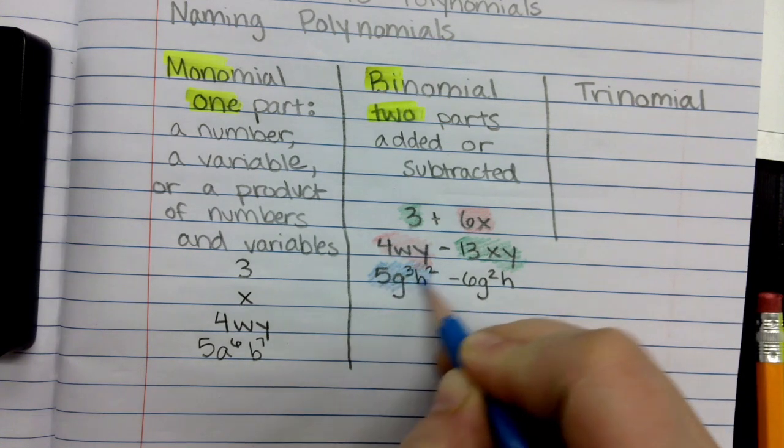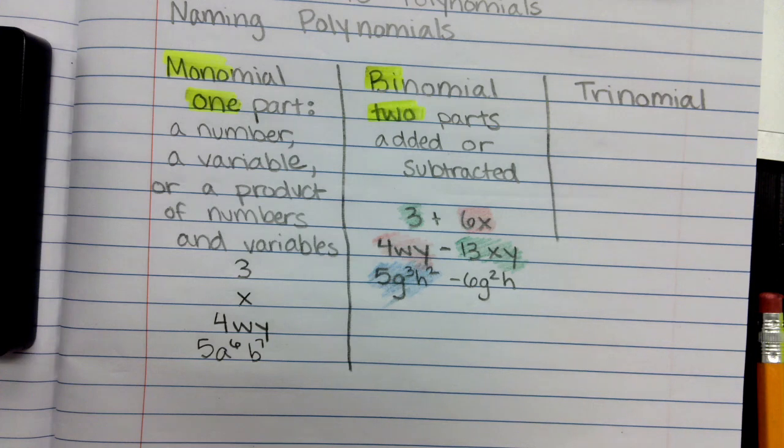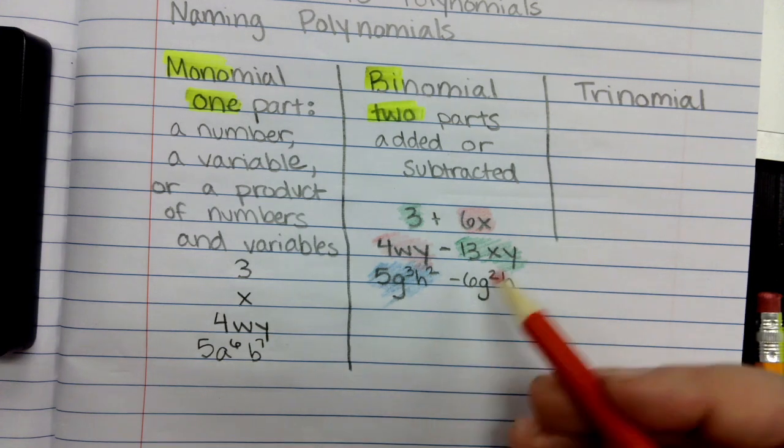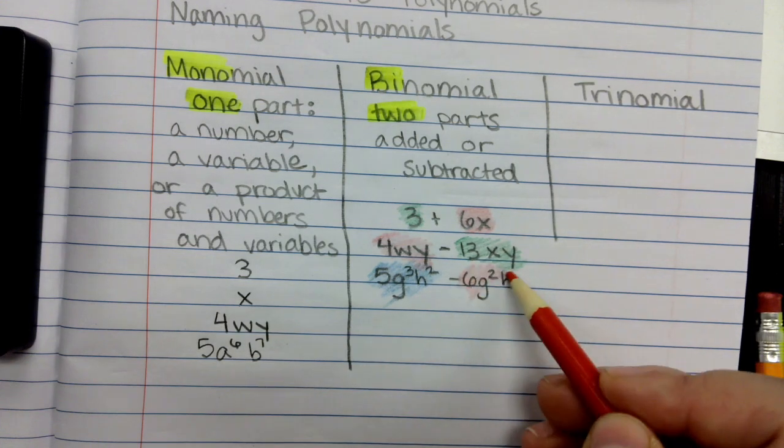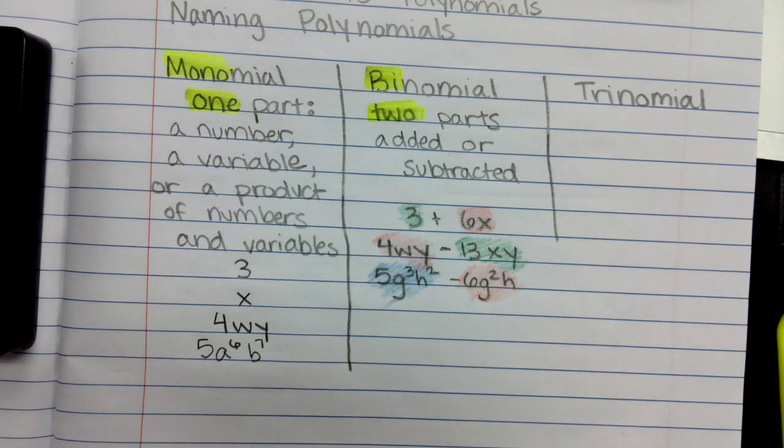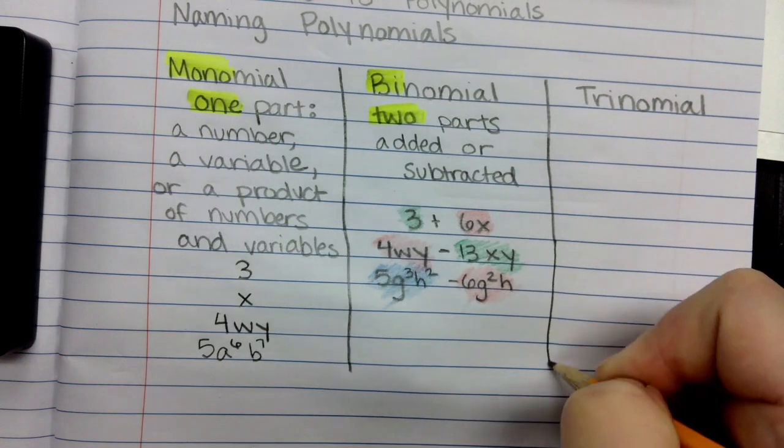Alright, so if a monomial is one part, a binomial is two parts added or subtracted. What do you think is a trinomial? 3 parts added or subtracted.